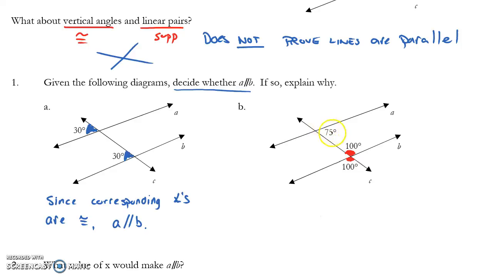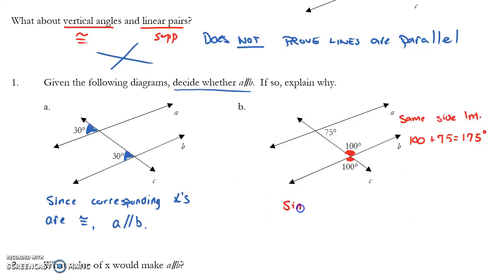Okay. These angles are not congruent, but they are same side interior angles. If my same side interior angles are supplementary, then I can conclude that my two lines are parallel. But in this case, they add up to 175 degrees, which is not supplementary.